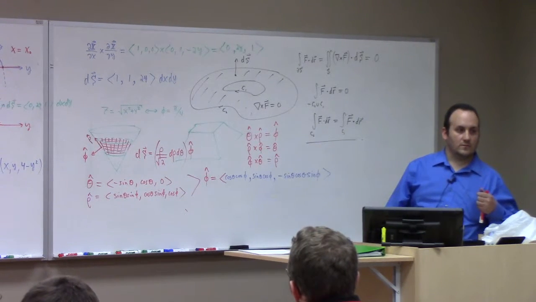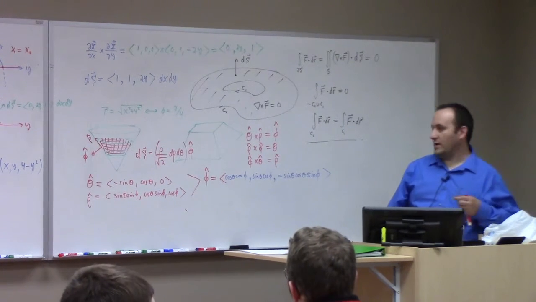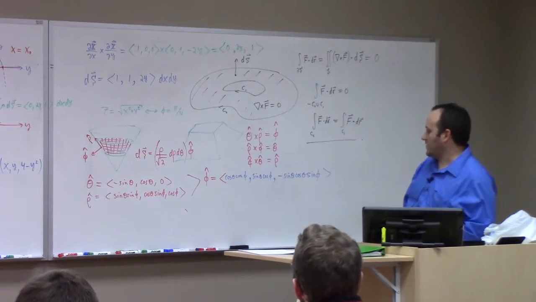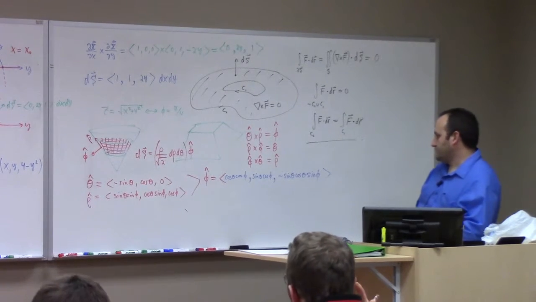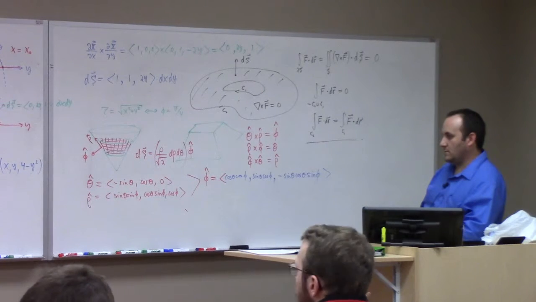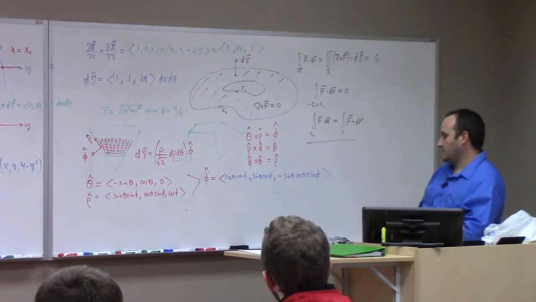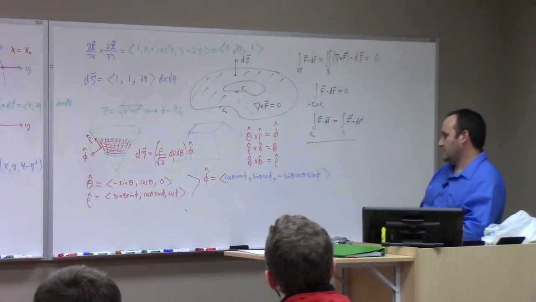I couldn't find it. Oh, okay. I saw you looking at something. I thought maybe you were looking it up. Yeah, that's like the first term of the z component. But we need to do the second term of the theta, like the first term of the phi, to get.